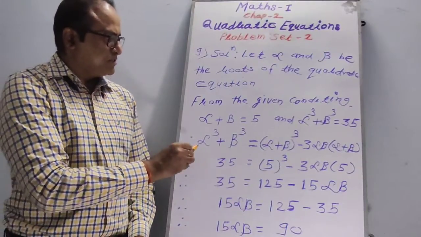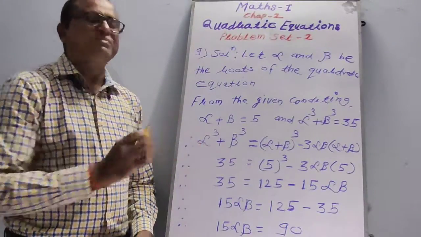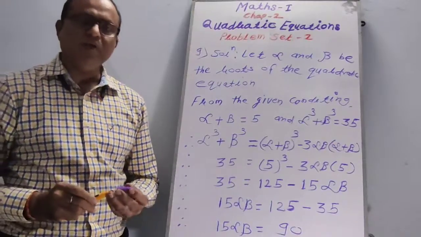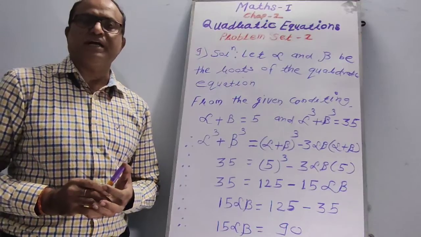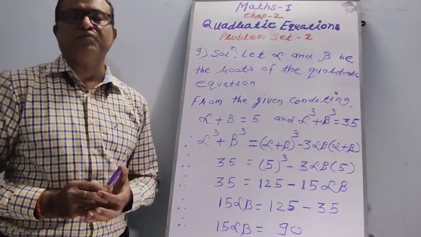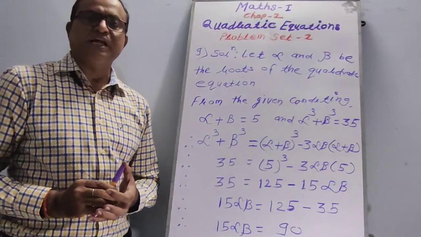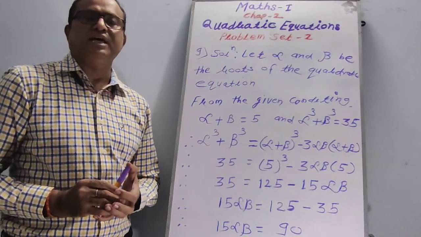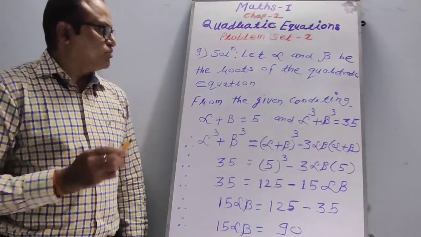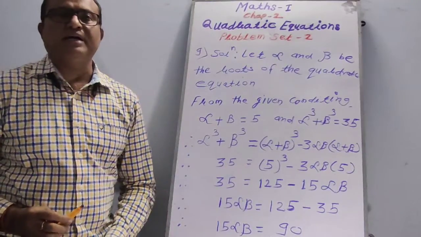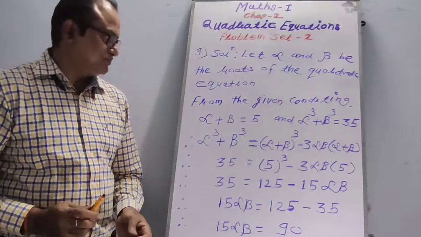Here you can use the formula alpha cube plus beta cube is equal to, in bracket, alpha plus beta bracket cube minus 3 alpha beta into bracket alpha plus beta, and then put the value of alpha plus beta and alpha cube plus beta cube.